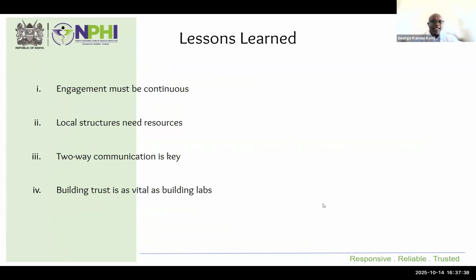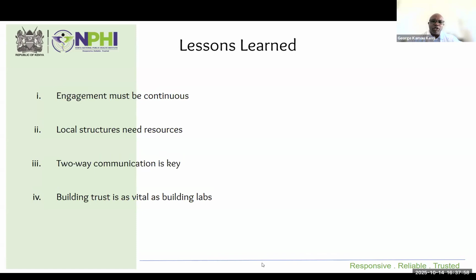So the lessons learned: engagement must be continuous. This is a continuous process that must be enhanced so that we are able to meet day-to-day needs and adjust to the needs at hand. The next one is that local structures need resources; we need financing for local structures. And another key thing is that we need two-way communication.